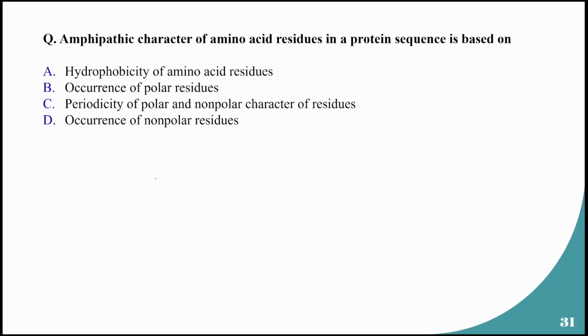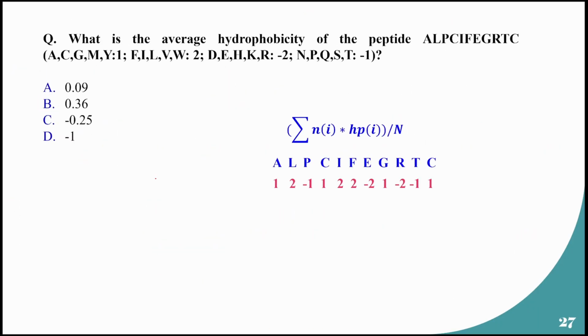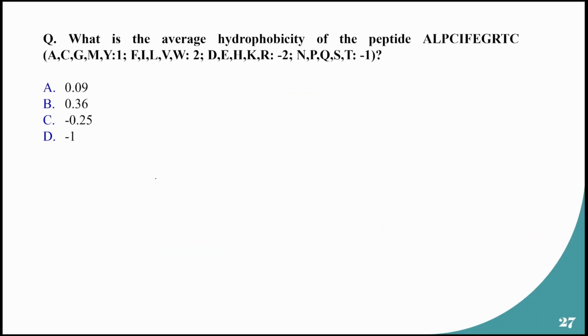So we talked about the amphipathic characteristics of amino acids, which was the periodicity of polar and non-polar residues. And I guess I skipped some questions here. So let's try to solve this particular numeric question. Here you have been given a small peptide sequence, and four groups of amino acids for which the hydrophobicity values are given.